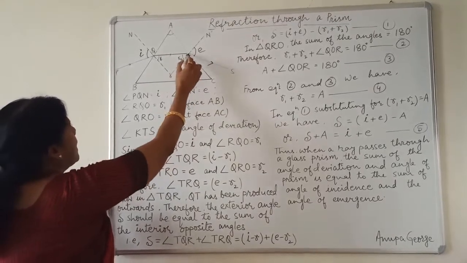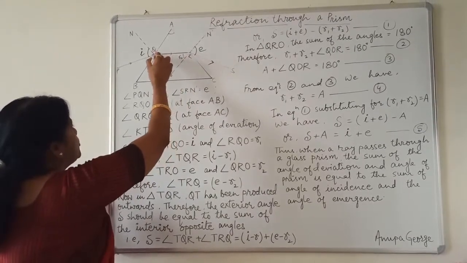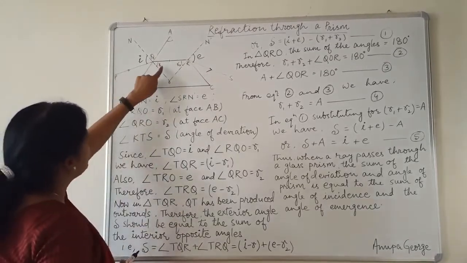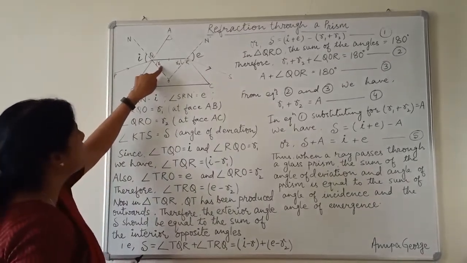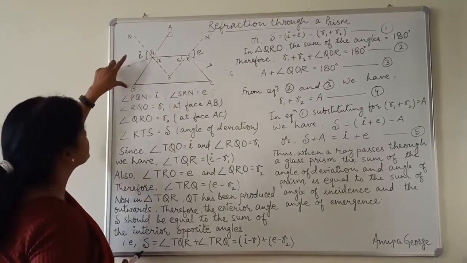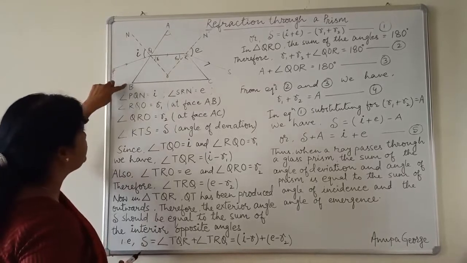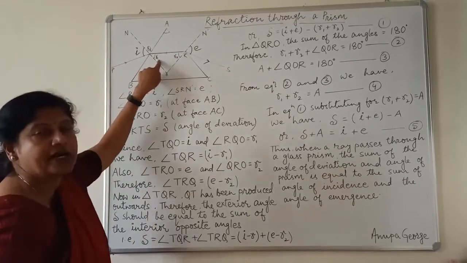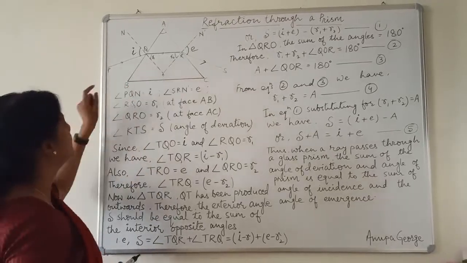Angle RQO is the angle of refraction at surface AB, that's why it is represented by R1.